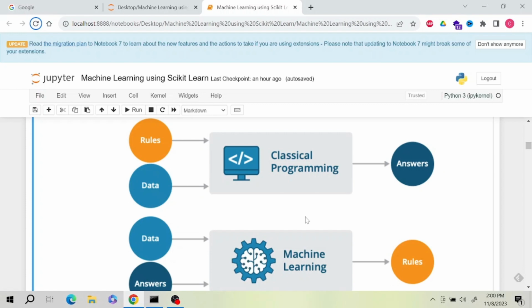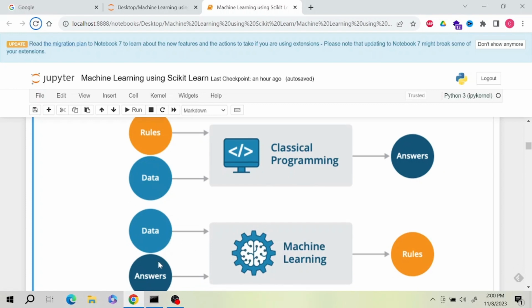In contrast, what happens in machine learning is the data and answers are input and the rules are output. If you compare with these boxes, data as well as answers are on the left hand side, and the rules come on the right hand side. So we provide the data, for example the images of dogs and cats. We also provide the answers along with that. We say, okay, this is the image of a dog and this is the image of a cat.